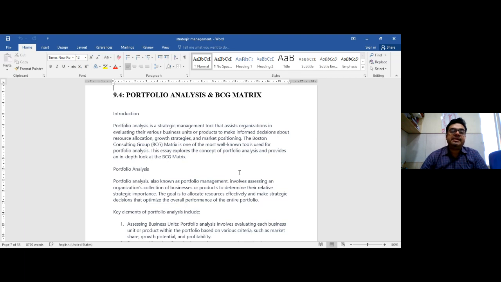Portfolio analysis, as the name suggests, is a part of portfolio management, which involves assessment of an organization's collection of businesses or products, ultimately aimed at determining their relative strategic importance. The ultimate goal of resource allocation is about making strategic decisions that ultimately optimize the overall performance of the entire portfolio.